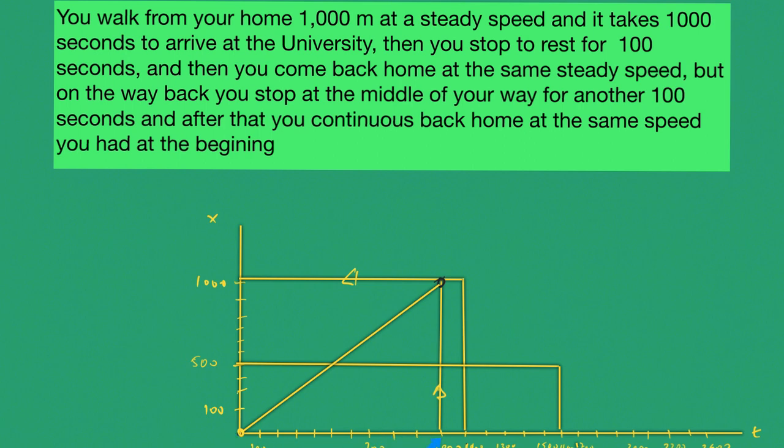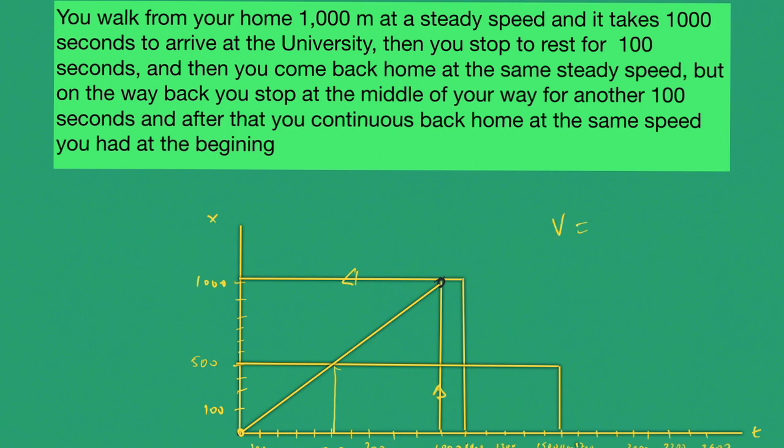When the clock reaches 1,000 seconds, you are at 1,000 meters. If you move with a constant speed, it means that when you have traveled 500 meters, the time will be 500 seconds. So you are moving at a certain speed. What is the slope? The slope of this graph is the velocity.